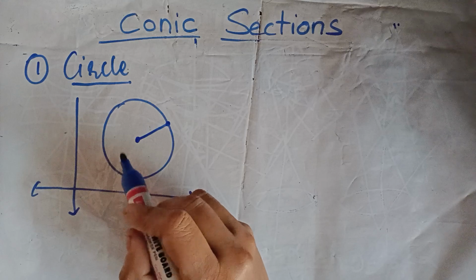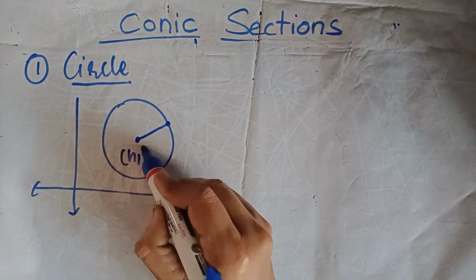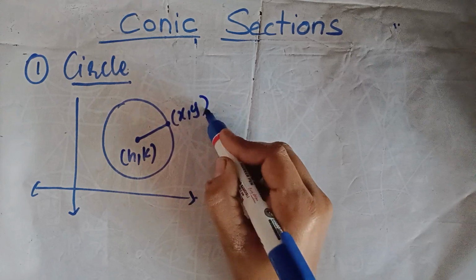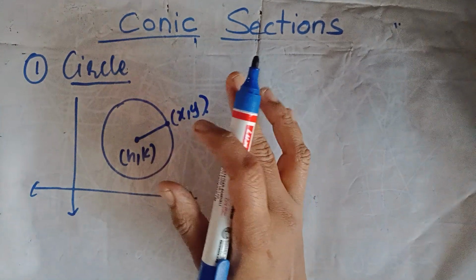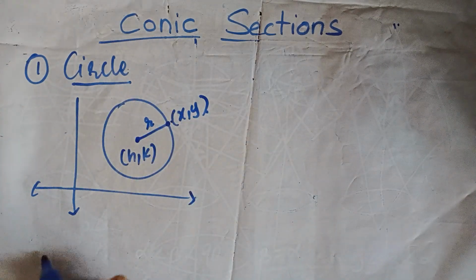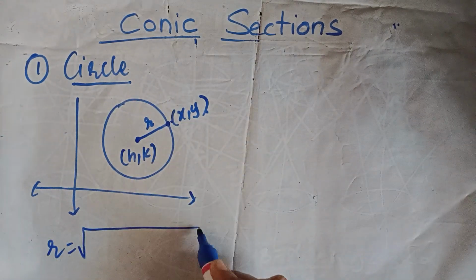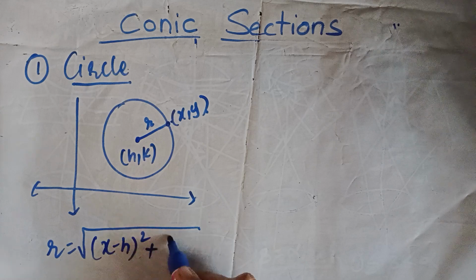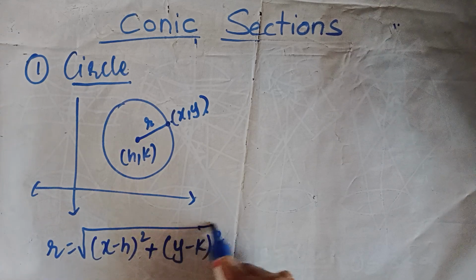Suppose the center is h comma k and this point is x comma y. The radius, this distance, using the distance formula, is root of x2 minus x1 the whole square plus y2 minus y1 the whole square.